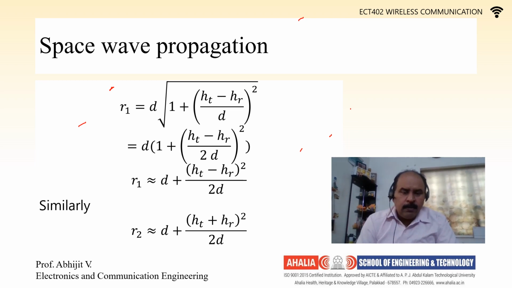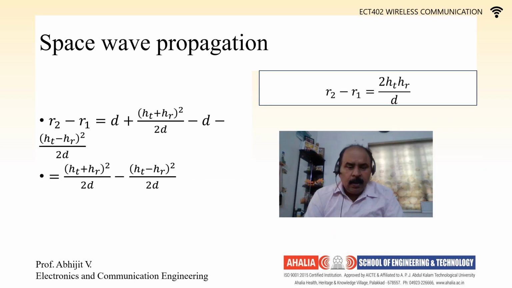Now what we are going to do is find out R2 minus R1. We are going to subtract this, and the very important equation we get is the difference in path.